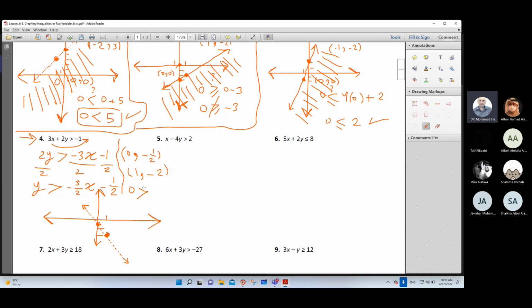Is 0 greater than minus 3 over 2 times 0, which is 0, minus half? So is 0 greater than minus half? Yes. So it means the origin is included in the solution of this inequality. Means this is the area of the solution.